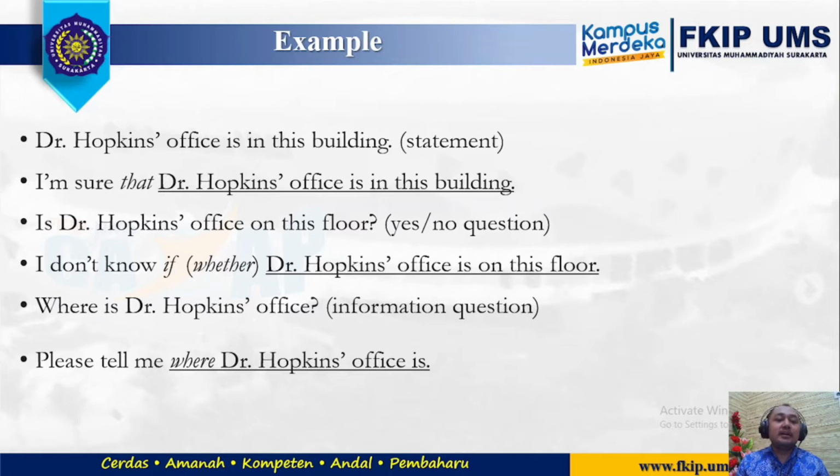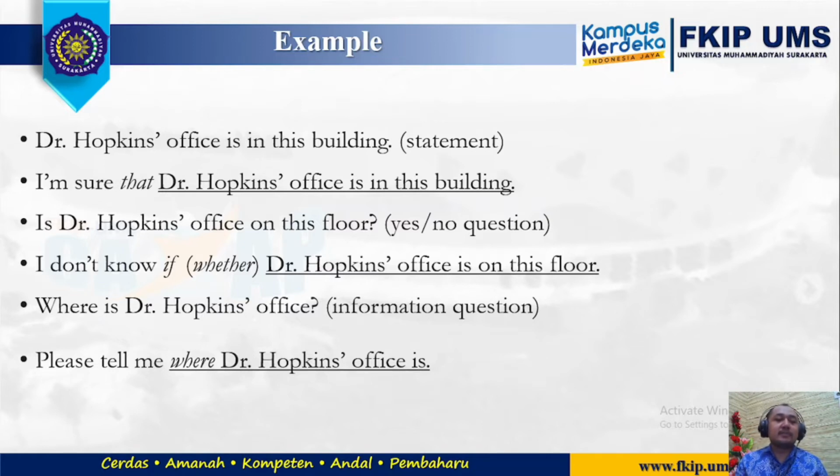Now there is another question, like, is Dr. Hopkins' office on this floor? When we change this yes-no question into a dependent clause, of course it can be like, I don't know if or whether Dr. Hopkins' office is on this floor.